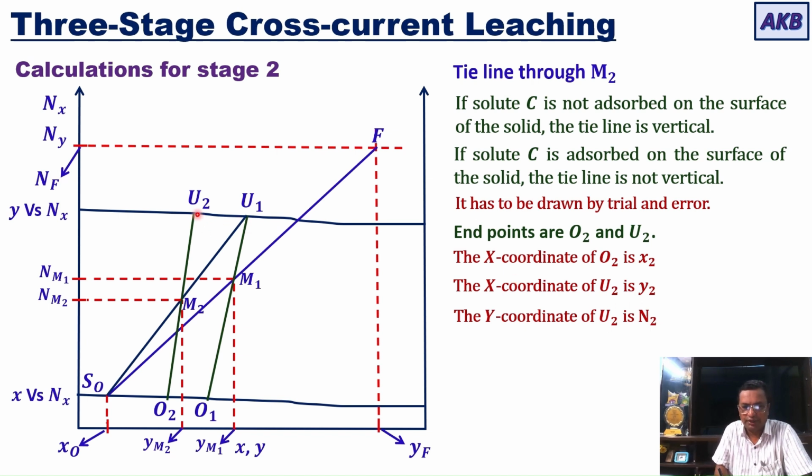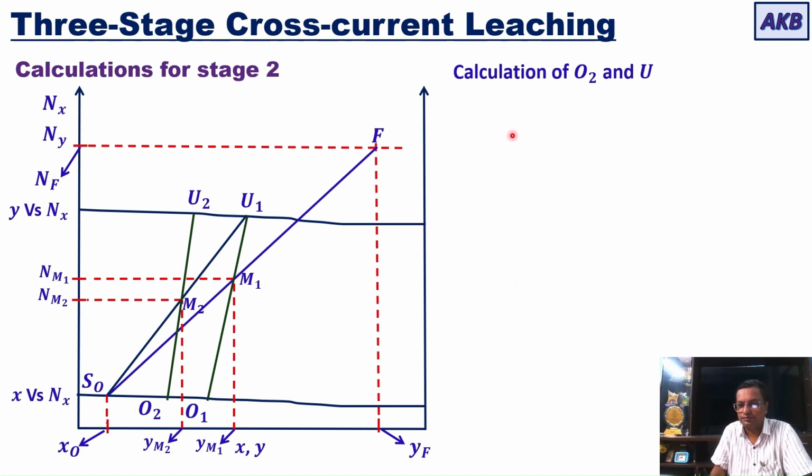So at the end of calculations for stage 2, you will know the values for x2, y2 and n2, because they will be useful in the remaining calculations for stage number 2.